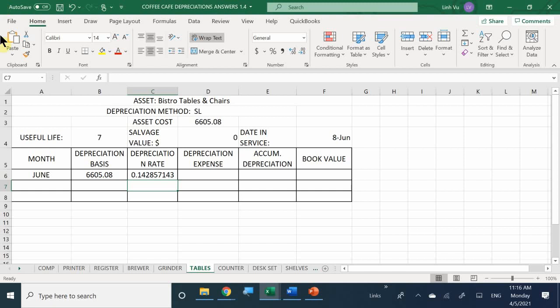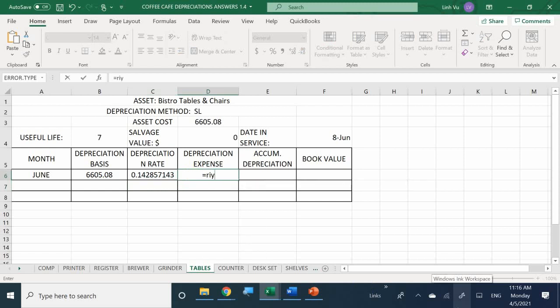Yes, remember, because we're dividing 1 out of 7 years. So in this case, it's going to be 0.14285714, yada yada yada.